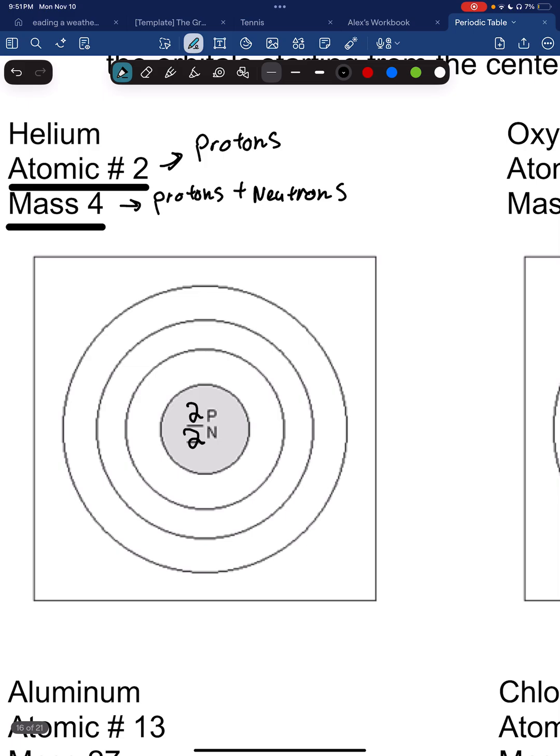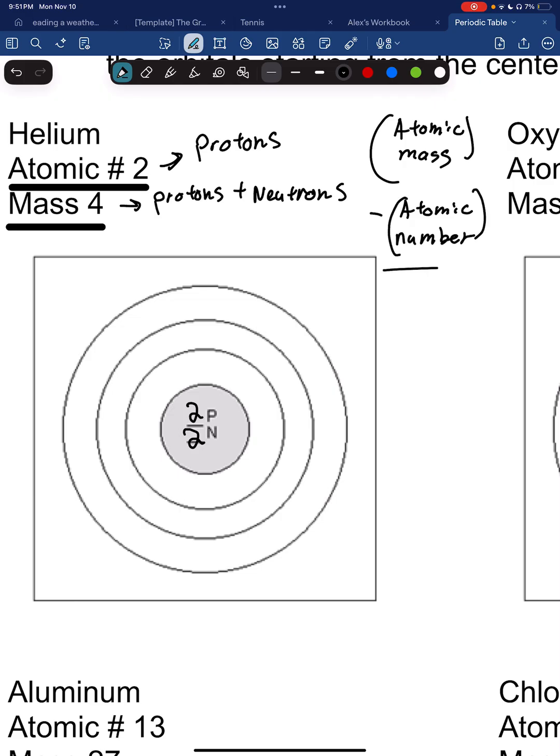What we can do is we'll take our atomic mass, that number, and subtract from it your atomic number. And when you do that, that's where you get your total number of neutrons.